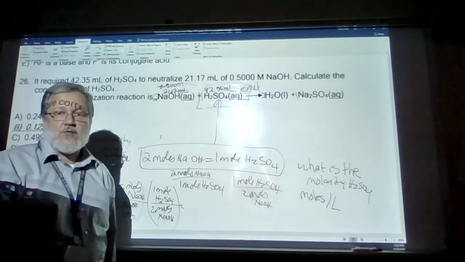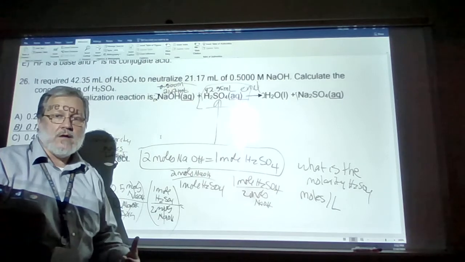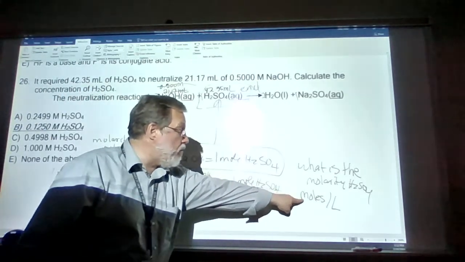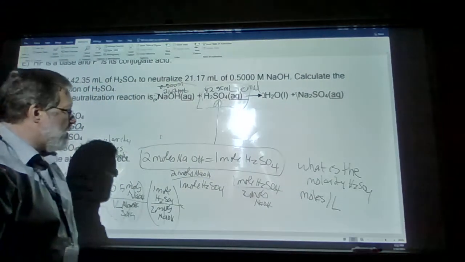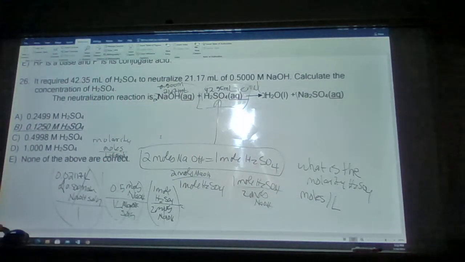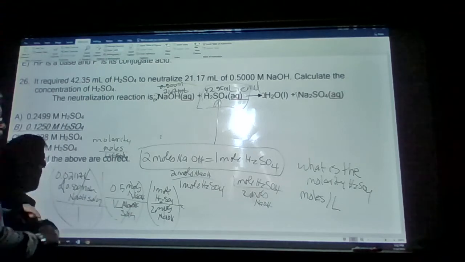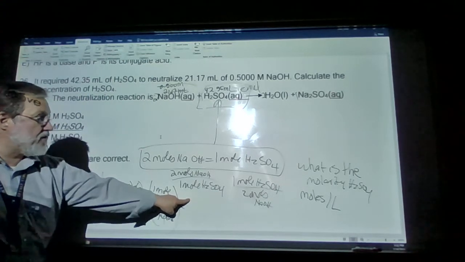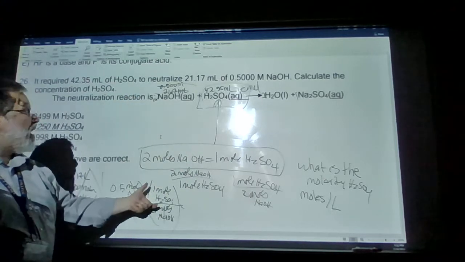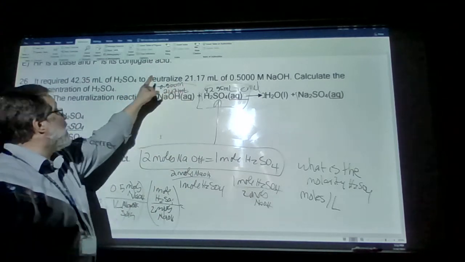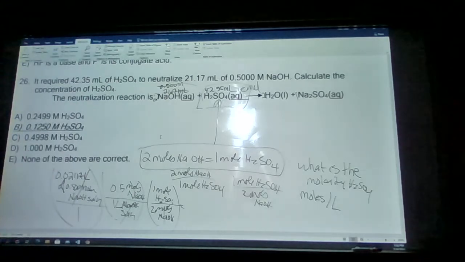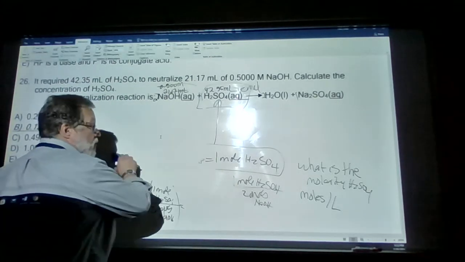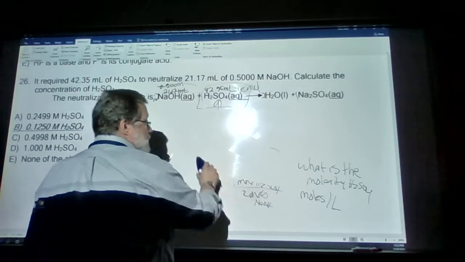We have 42.35 ml of our sulfuric acid solution. So all we need is moles of our sulfuric acid, and we're done. Because if we have moles of H2SO4, we know that that many number of moles was contained in 42.35 ml. So right now, we're basically done.